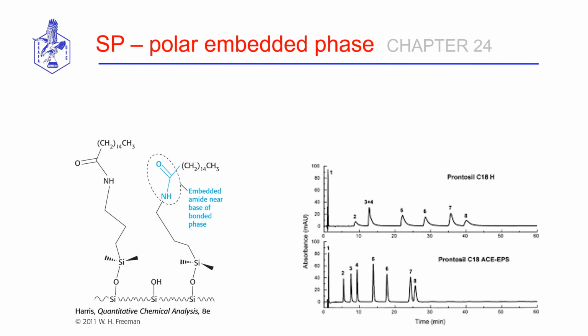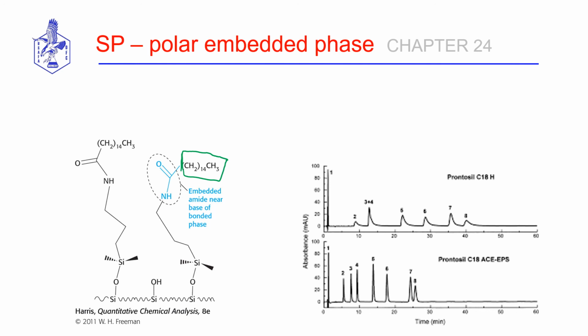The next consideration when choosing our stationary phase material, a recent discovery and patented technology, is to intentionally embed a polar group into our long hydrophobic chain. So at the end of the group that we've attached, we still have our long carbon chain.